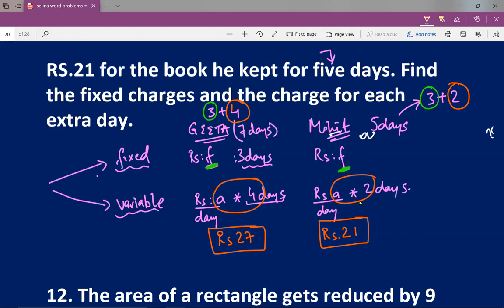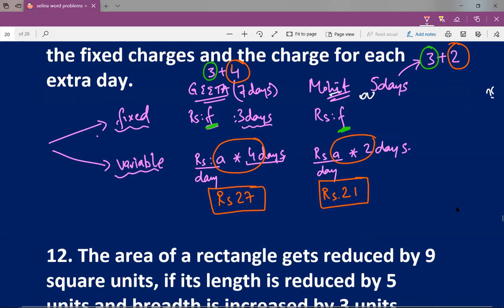So the equations that I will get would be: fixed charge for Geeta plus variable charge for Geeta is equal to 27. Fixed charge for Mohit plus variable charges for 2 days is equal to 21.